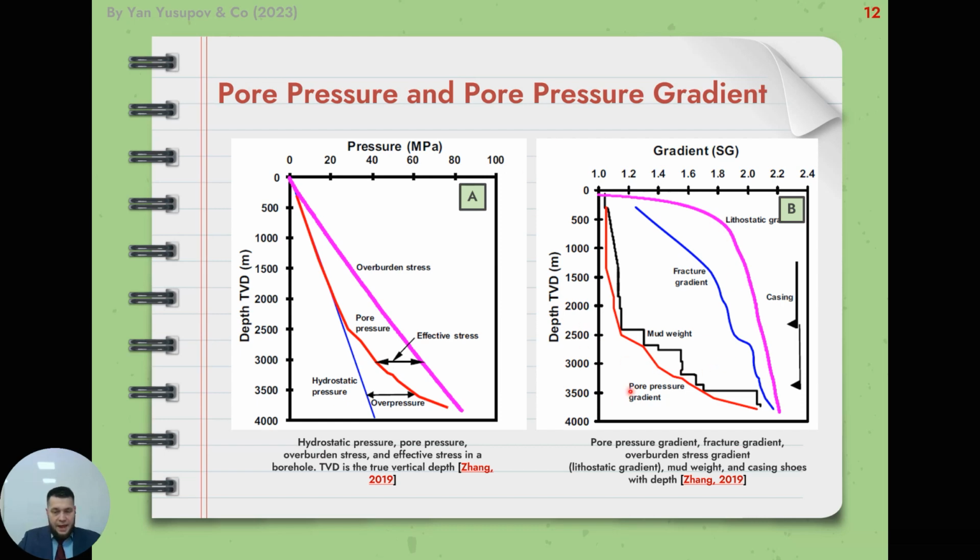Pore pressure gradient at a given depth is pore pressure divided by true vertical depth. The mud weight should be appropriately selected based on pore pressure gradient, wellbore stability, and fracture gradient before setting and cementing a casing.